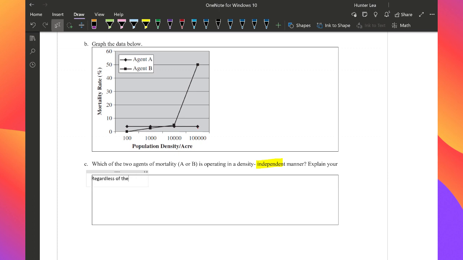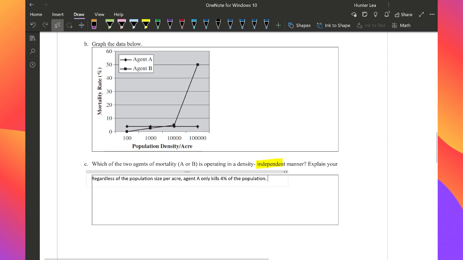So regardless of the population size per acre, Agent A only kills 4% of the population. In other words, it's working in a density-independent manner.